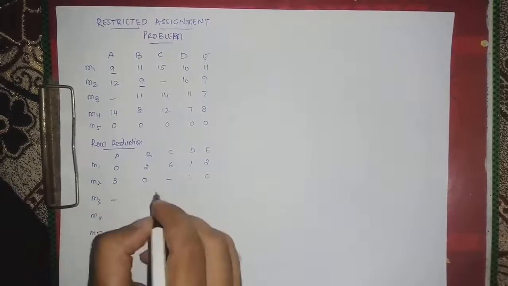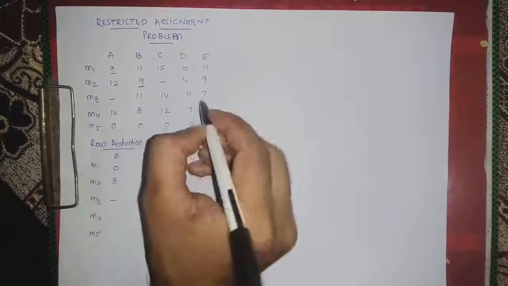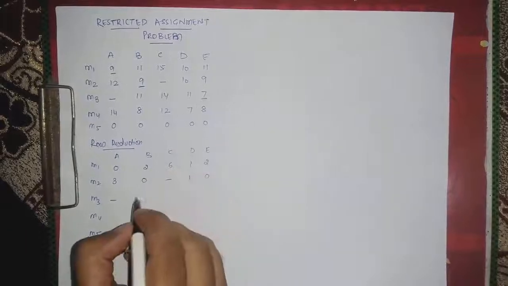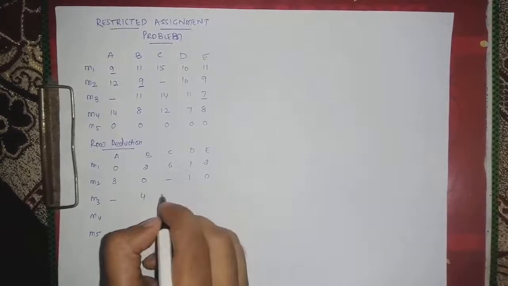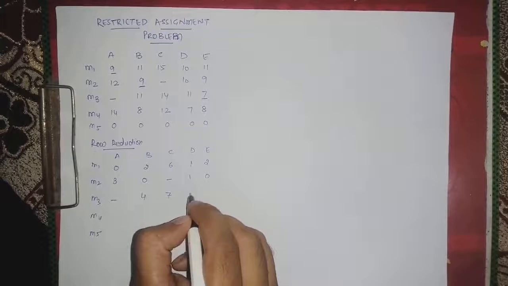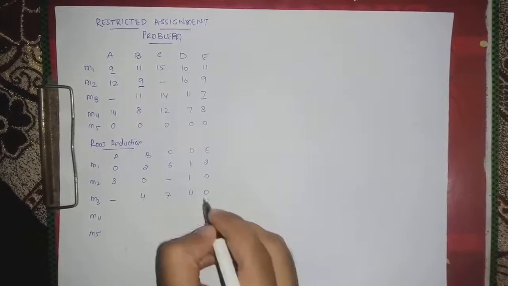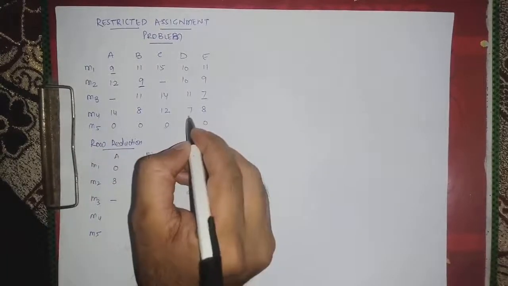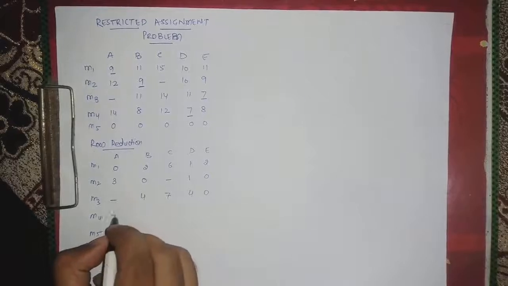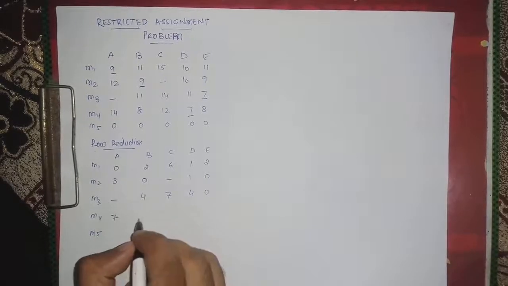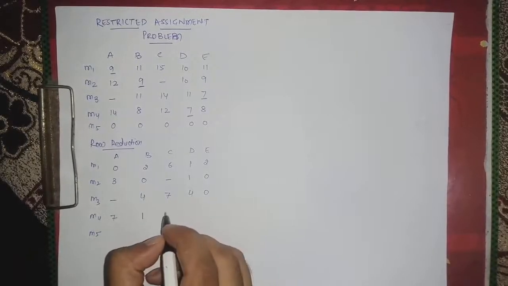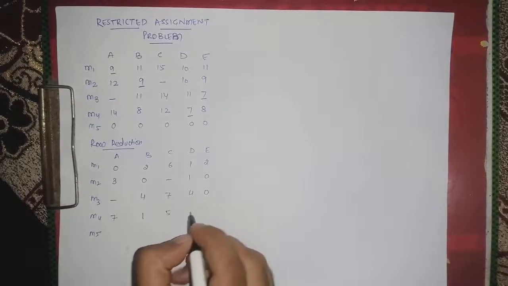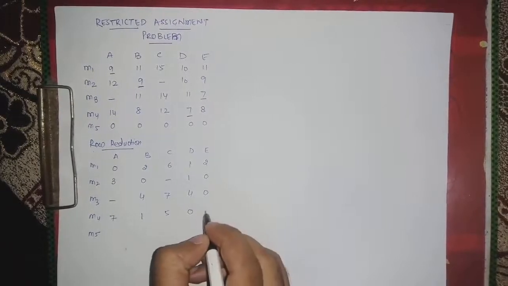again dash, and here the smallest element is 7, so 11 minus 7 is 4, 14 minus 7 is 7, 11 minus 7 is 4, 7 minus 7 is 0. Again the smallest element is 7, so 7, 14 minus 7 is 7, 8 minus 7 is 1, 12 minus 7 is 5, 7 minus 7 is 0, 8 minus 7 is 1.